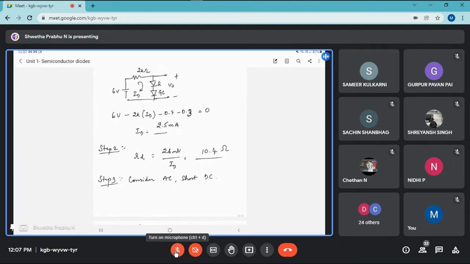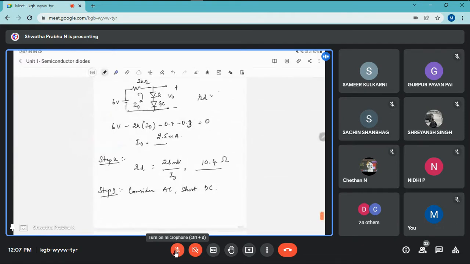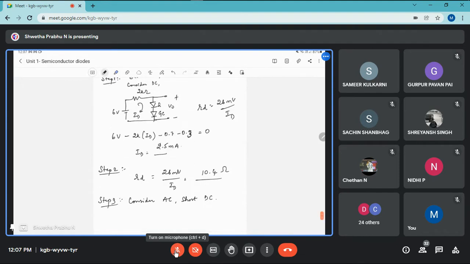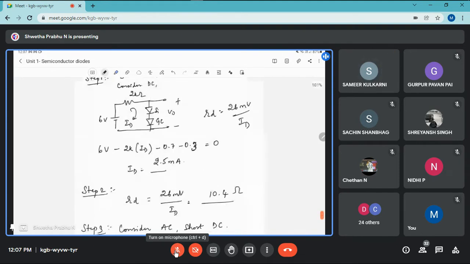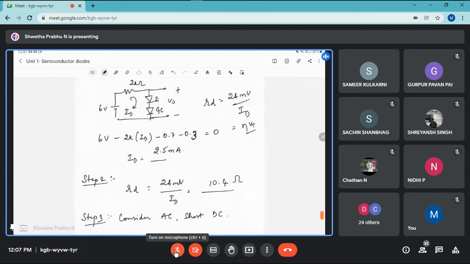That is what I told you. With respect to the relation RD equals 26 millivolts divided by ID, the current remains the same. How did we get this equation of 26 millivolts? That is eta Vt divided by ID. If you consider different eta values, the RD value will be different for germanium and silicon.